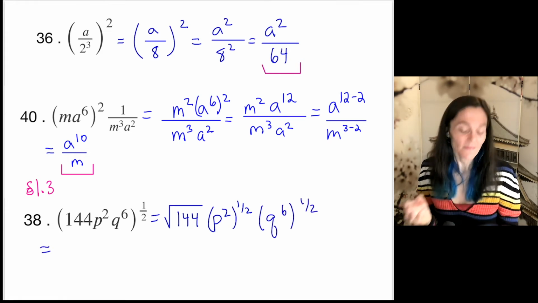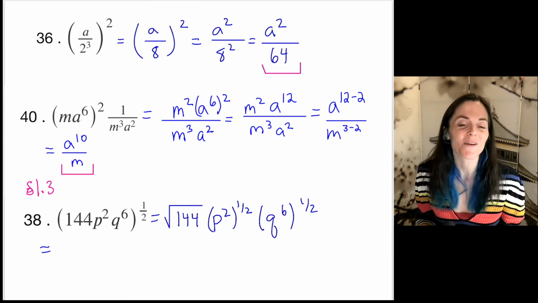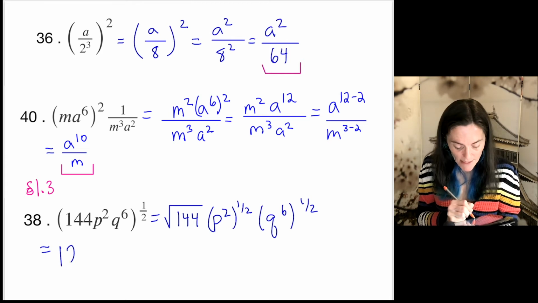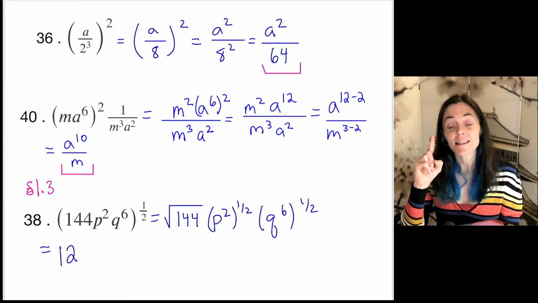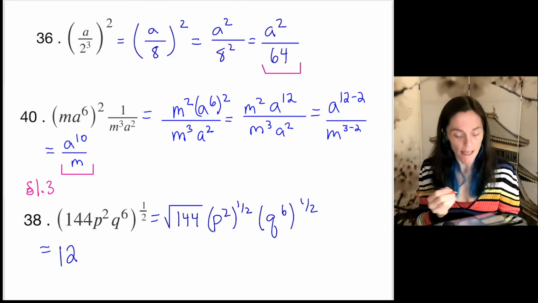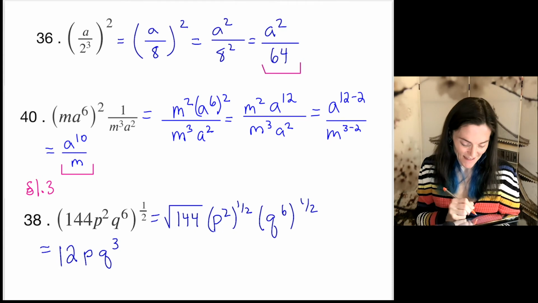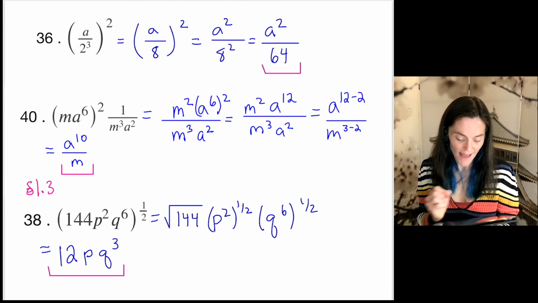Well, the square root of 144 is 12 because 12 squared is 144. So this is 12. Now, the other two parts of this are power to a power, we multiply. So here we just get p to the 1, and here we get q to the 6 times 1/2, which is q cubed. This is my answer in 38.